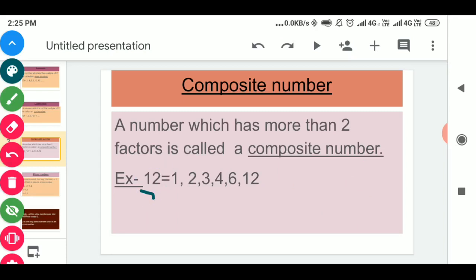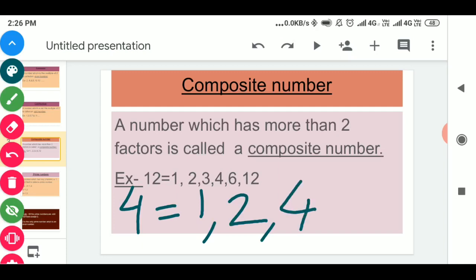If we talk about 20, that also has more than 2 factors, so 20 is a composite number. If I talk about 4, it is divisible by 1, it is divisible by 2, it cannot be divisible by 3, so 3 is not a factor, but it is divisible by 4.